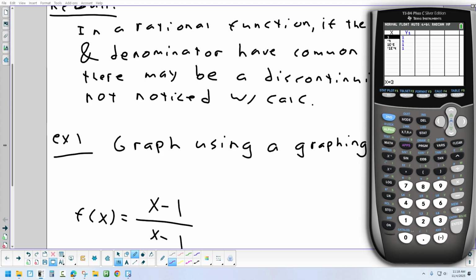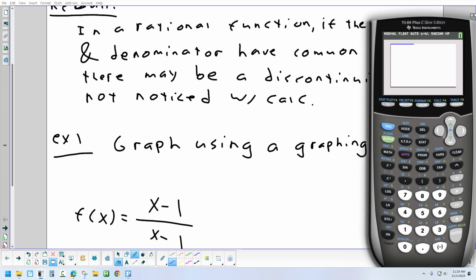Let's go to the table. Type in 1. All right, definitely that's an error. You can't plug in 1. Would we have a hole in the graph at 1, or a vertical asymptote? A hole. So when we graph it, let's do zoom 6. It's not going to look like anything happens at 1 at all. Can't even tell.